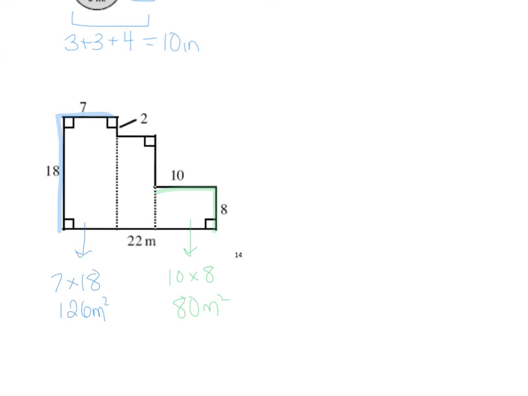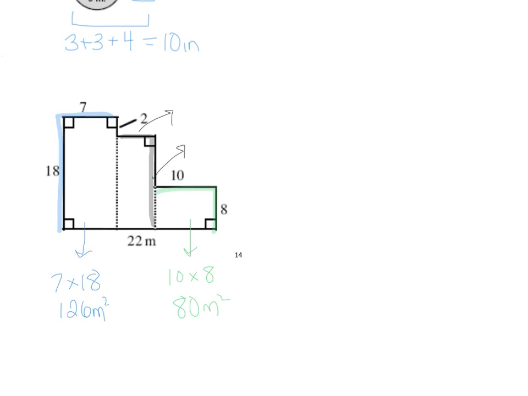The more difficult one is this middle rectangle, because we're not really told either of the dimensions. We have to figure out what the length and the width are.